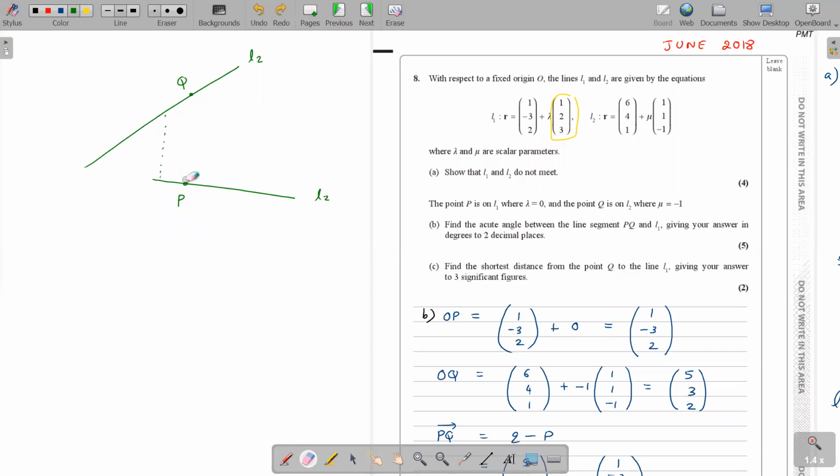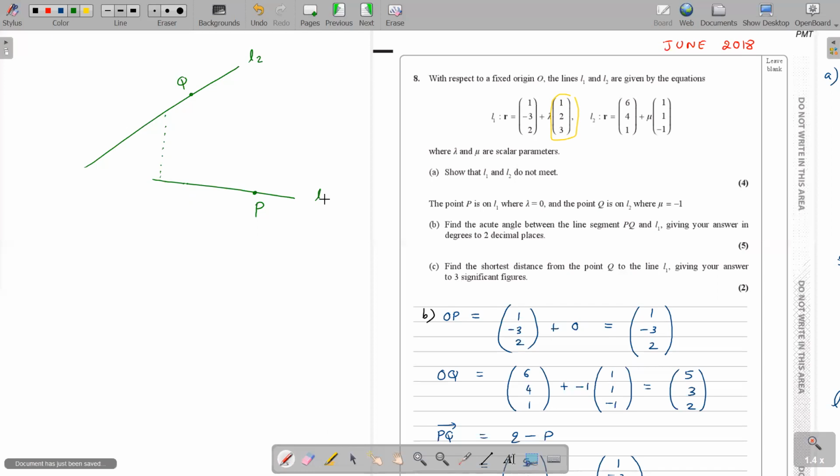Okay, so let me just mark P somewhere over here. Random, just mark it at random positions. Okay, point P is on line 1 where lambda is 0. Point Q is on line 2 where mu is -1. Find the acute angle between line segment PQ and line 1. Okay, wait, I have marked both as line 2. Point P is on line 1, isn't it?